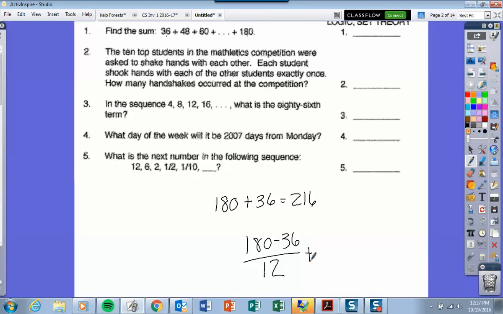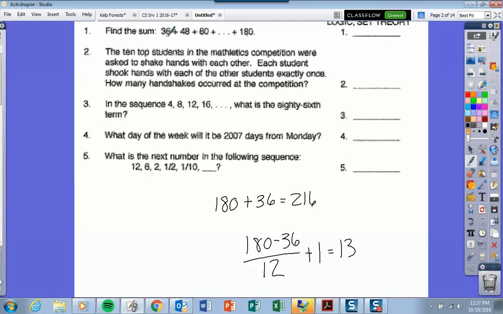Then we're going to add one over here. And what that's going to tell me is that I have 13 numbers. 13 times that this pattern of 36 plus 180 is found.